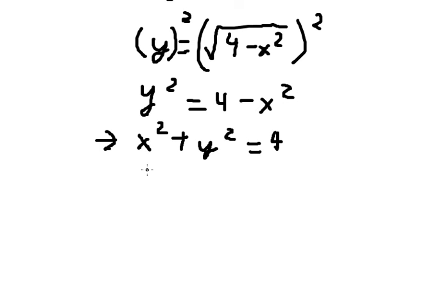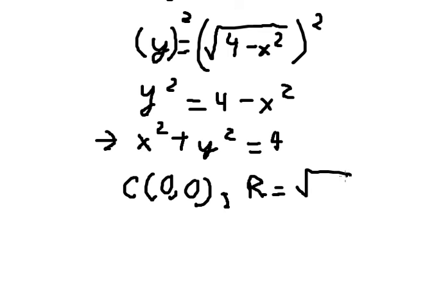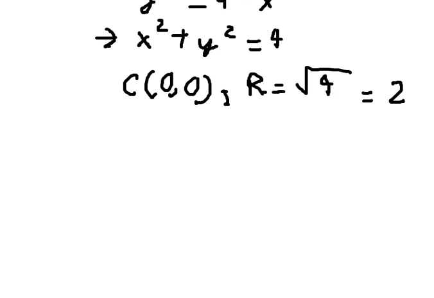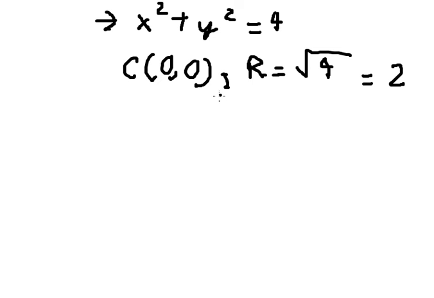And we know that this is the circle with the center 0, 0 and the radius that should be the square root of number 4 from here, equals number 2. Now we need to draw the circle.